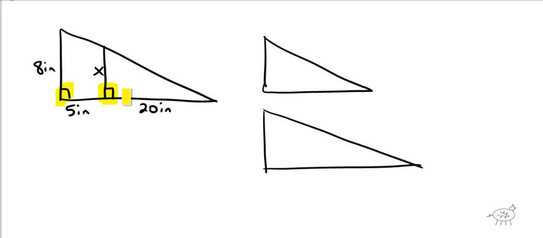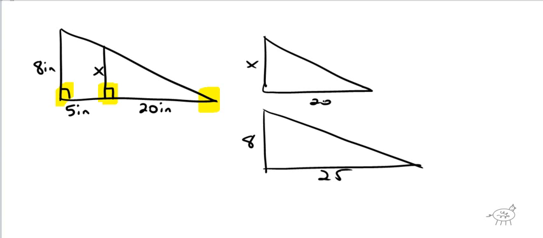Here's an angle and here's an angle, and you have a shared angle between both of them. That big triangle shares that angle, and the little triangle also shares that angle. So you have angle similarity, which means the sides are proportional, right? So I can label this as 8, that's the big triangle, and the whole thing is 25. And then the little one is x, and that little part is 20.